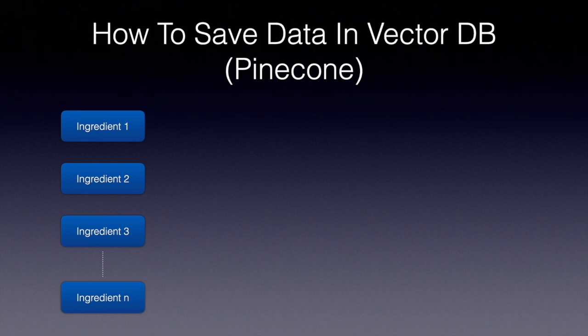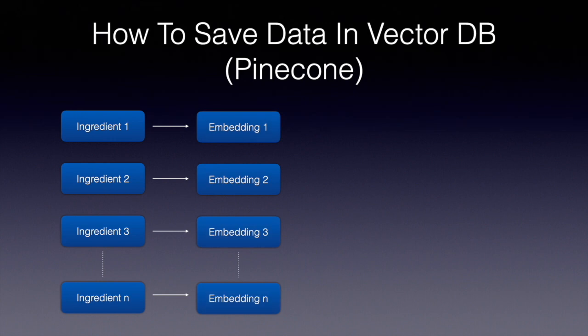So let's say we have ground meat, we have goat, we have veal. Each ingredient, we send that string to OpenAI's embedding model, and if you're not using OpenAI, you can use some other embedding models. In this project we'll be using the OpenAI embedding model.